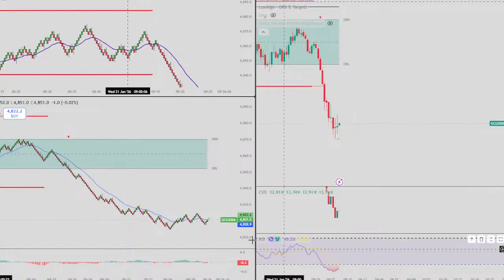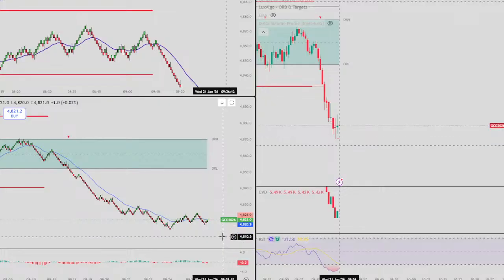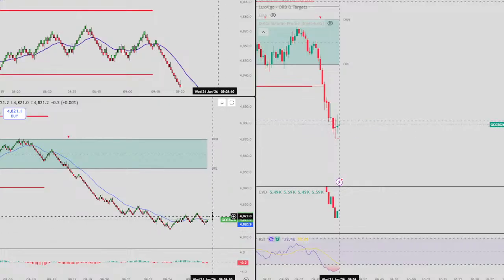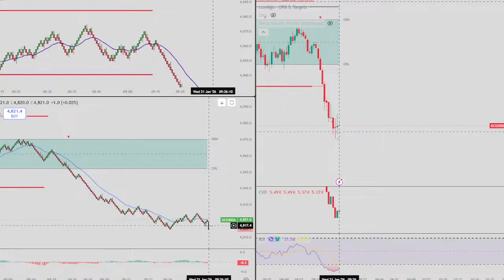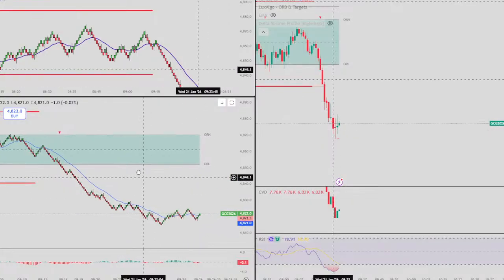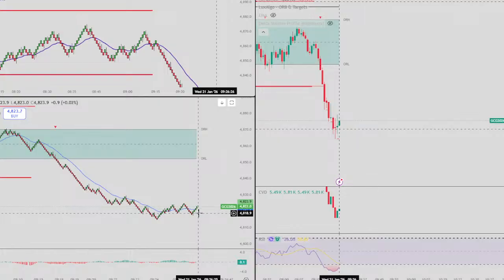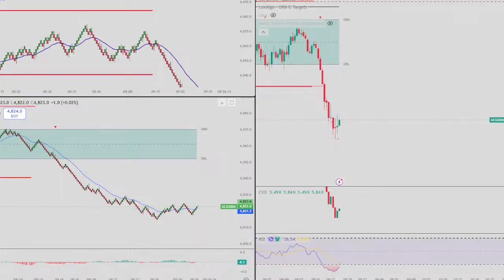Okay, so there you have it. We finally formed one. So we want to see this pump up. Now that we're green over here, I want to see us form a red brick and then a green, and then you'll buy off the green one. Hopefully, I don't know exactly how it's going to work.